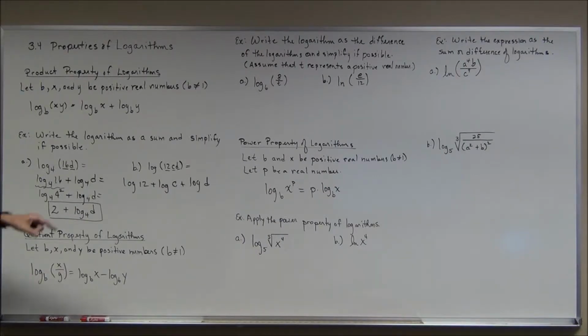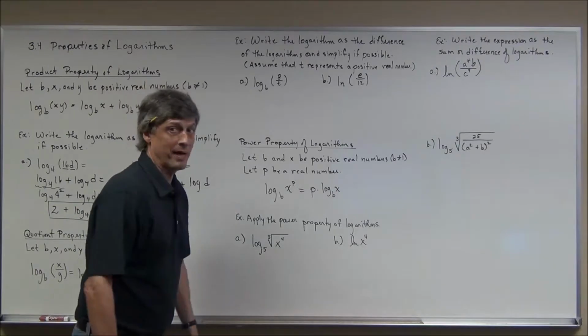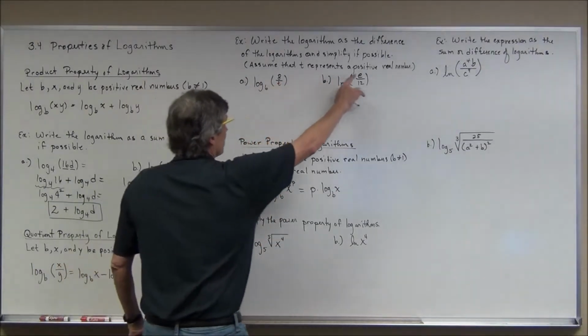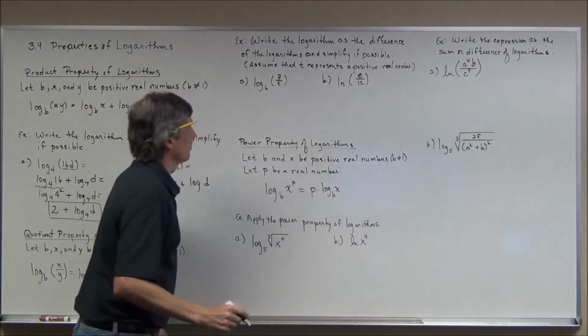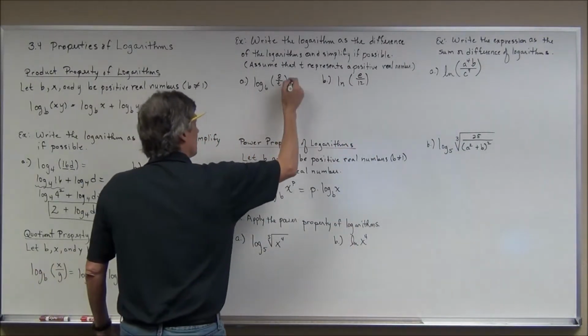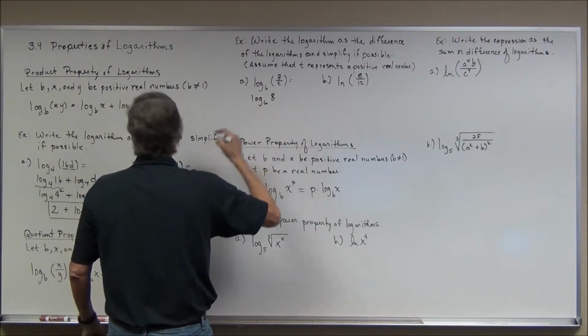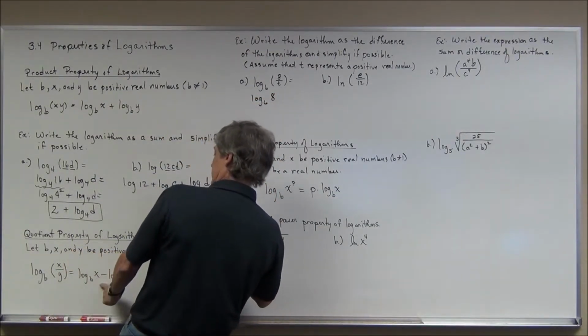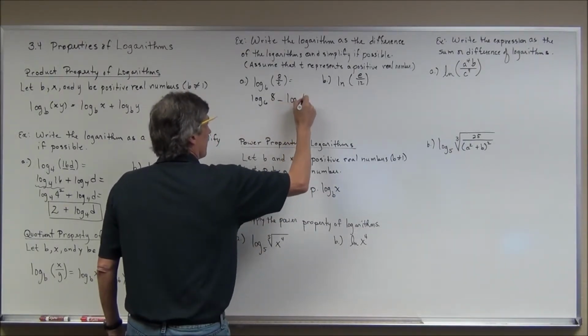Let's try an example over here. Write the logarithm as a difference of logarithms and simplify if possible. This is assuming that t represents a positive real number. Well, base 6 here, I'm going to write this as the log base 6 of 8 minus the log base 6 of t.